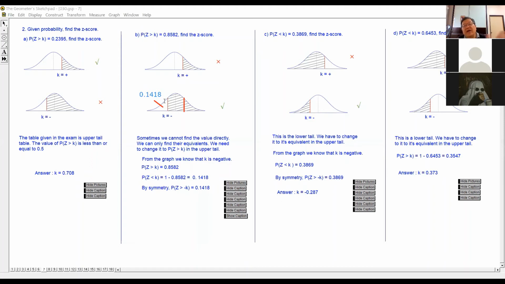Our table only finds more than k. But lucky for us, this part here, because of symmetry, the part on the right hand side is also 0.1418. So I write here: the probability of z greater than negative k is also 0.1418.